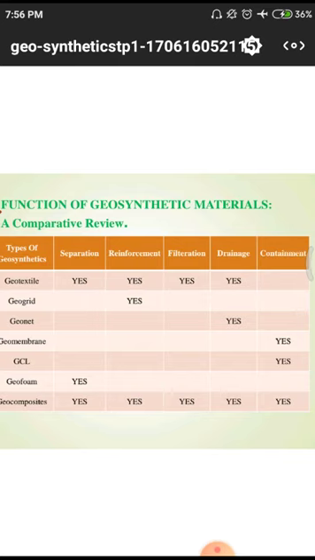So we have to focus on the particular area where we are doing densification or ground improvement work, and what properties we have to improve at that location. According to those properties we need to utilize this kind of geosynthetic materials. Why? Because first of all we have to focus on what problem we are facing at that particular location, and to overcome those problems, how we can utilize these materials in an effective way.